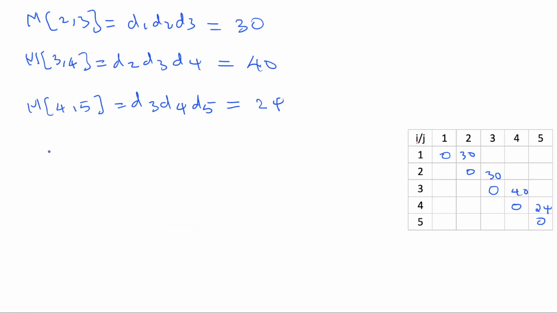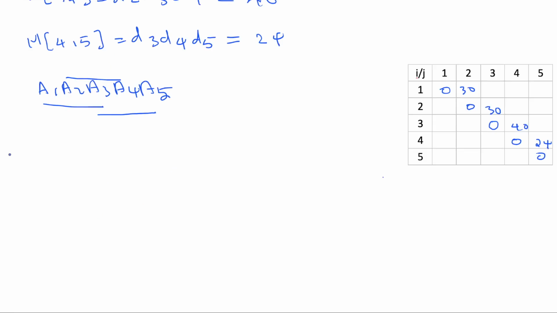Now we will consider the combination of three different matrices. That is, we have a1 a2 a3 a4 and a5. So first we will take a1 to a3, then a2 to a4, then a3 to a5.